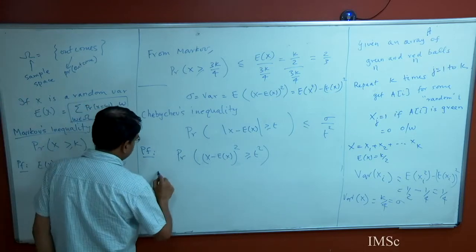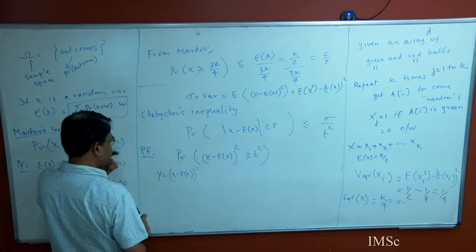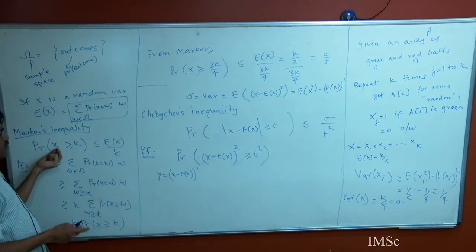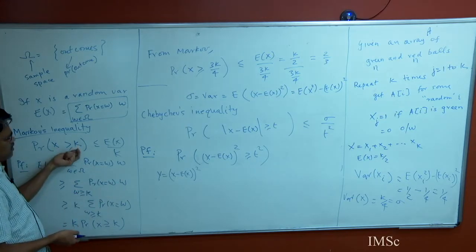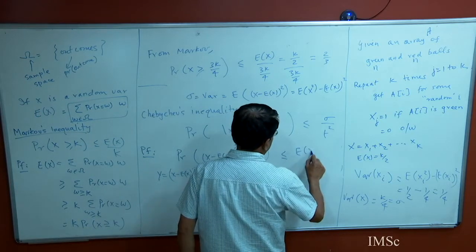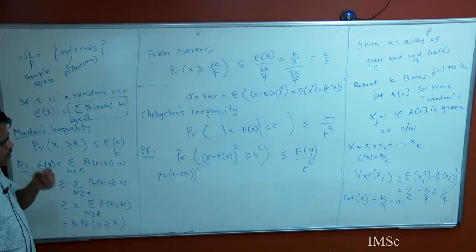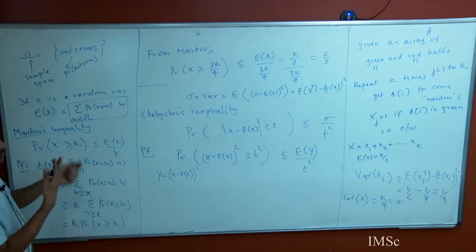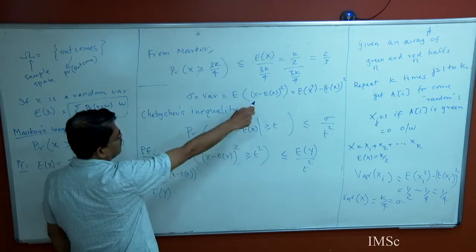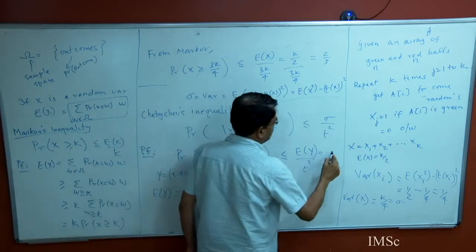So let y be x minus ex whole square. Then if I apply Markov's inequality for y, then probability y is greater than or equal to k is at most ex by k. So this is at most ey by t square. And what is ey? Ey is essentially sigma, is what you can check, right? Oh, I have already written it down here. So what you get is sigma by t square.